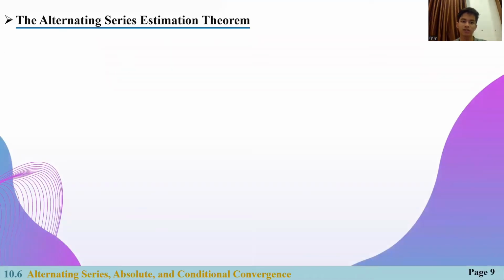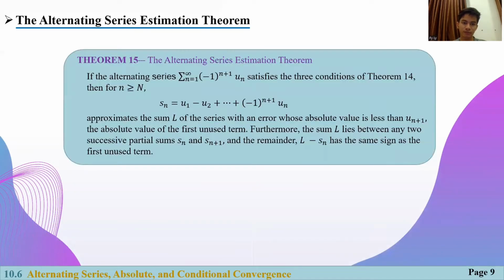So the alternating series estimation theorem. Theorem 15, the alternating series estimation theorem: if the alternating series, the sum from n equals 1 to infinity of (-1)^(n+1) u sub n, satisfies the three conditions, then for n greater than or equal to capital N, S sub n equals u sub 1 minus u sub 2 plus and so on plus (-1)^(n+1) u sub n.